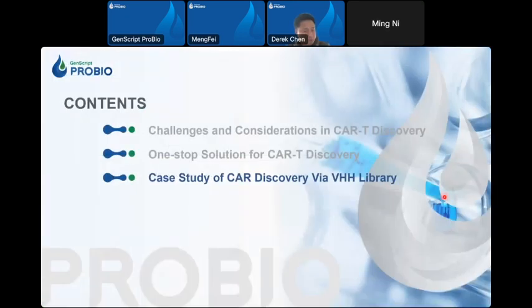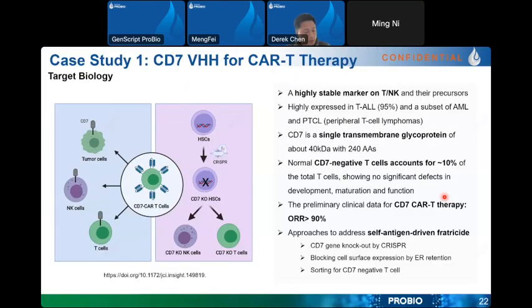Next, to help everyone better understand the general process of CAR lead discovery, I will share two internal case studies. The first case study is CD7 VHH discovery. CD7 is a marker for T-cell lymphoma and leukemia.